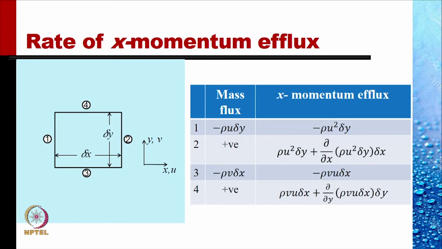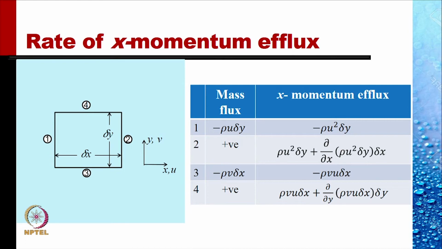The mass flux across surface 3, which has an outward normal in the minus y direction, is minus rho v delta x, negative because it is an influx. And the x momentum flux across this surface is this mass flux times the horizontal velocity u.